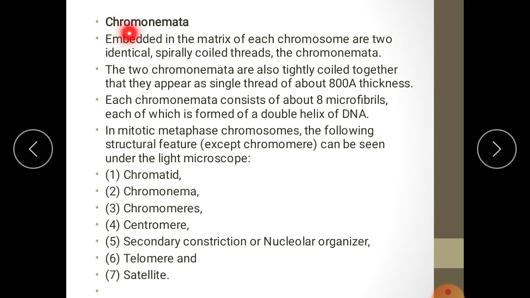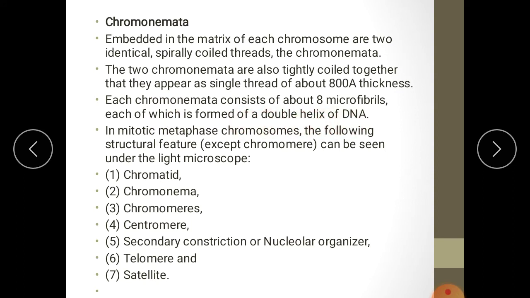Next, chromonemata. Embedded in the matrix of each chromosome are two identical spirally coiled threads, the chromonemata. The two chromonemata are also tightly coiled together and appear as a single thread of about 800 angstrom thickness. Each chromonema consists of about 8 microfibrils, each of which is formed of a double helix of DNA.